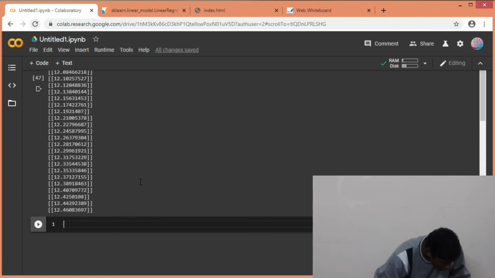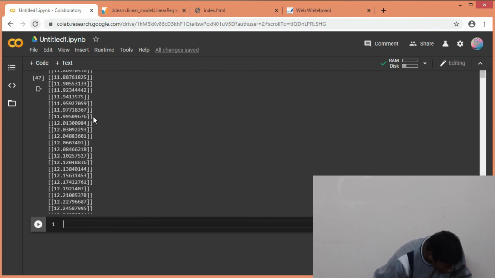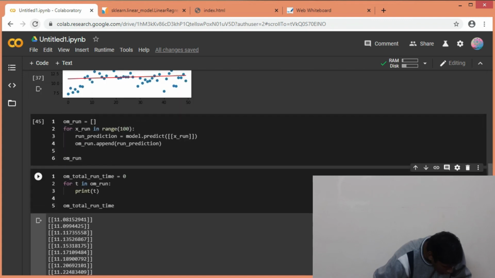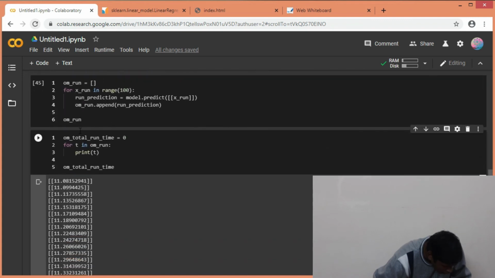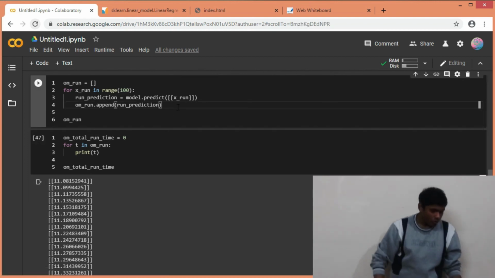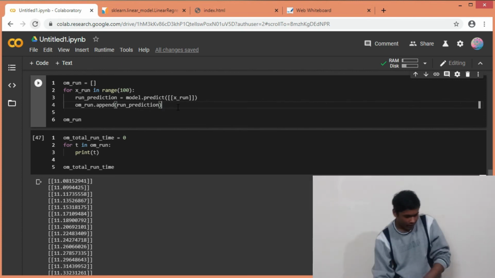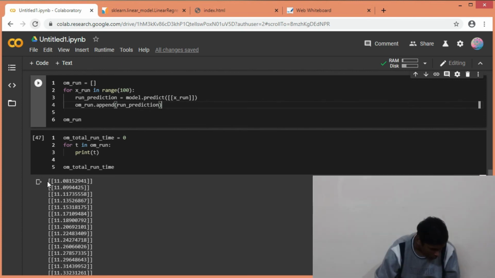Let's see that, like, this is a 2D array, isn't it? Let's see how it is totally. Yeah, so these are all 2D arrays. Okay, I got it. So this is one element.